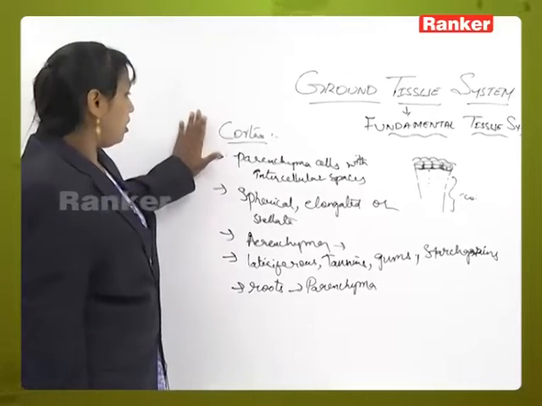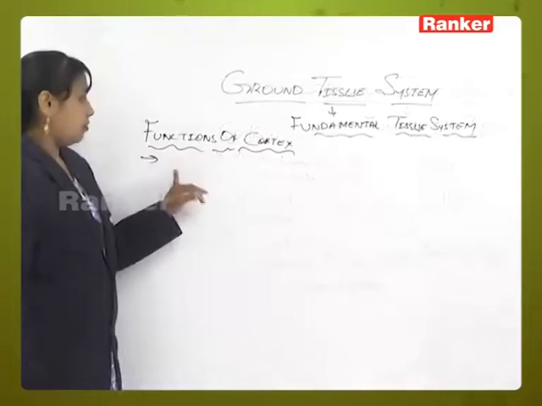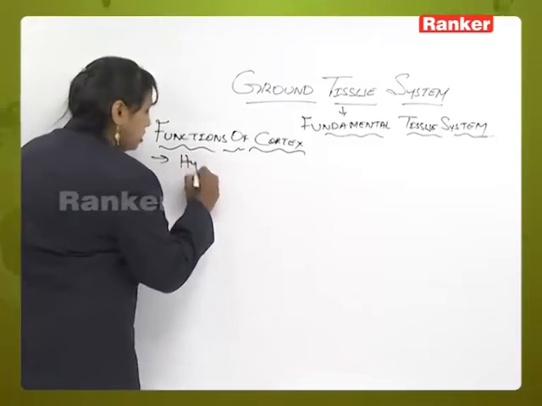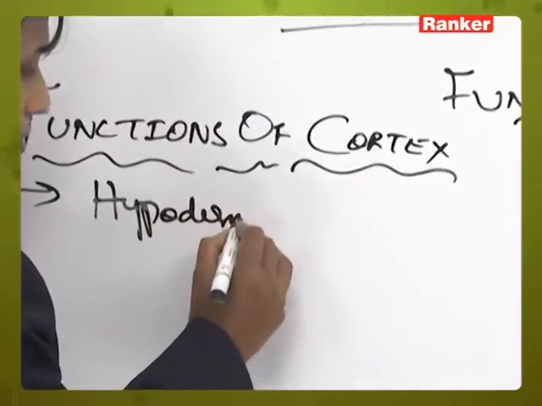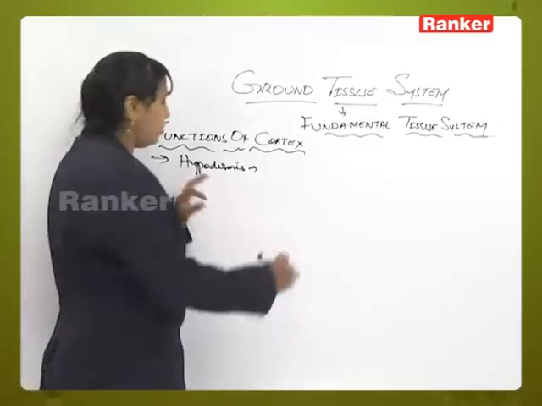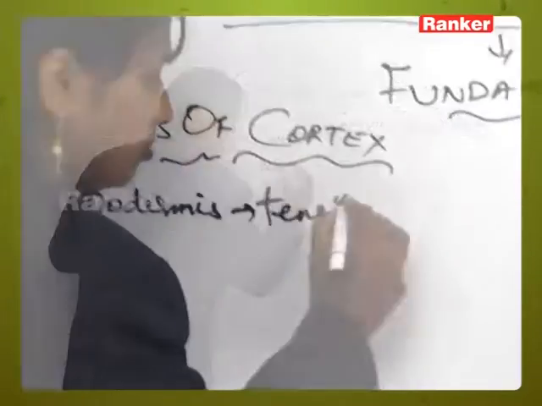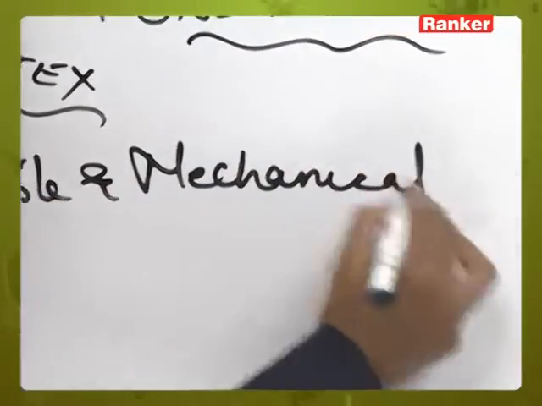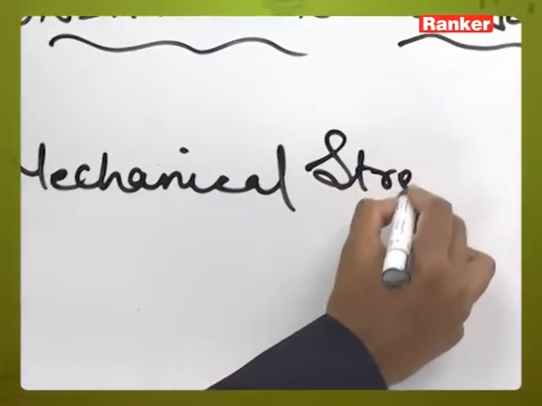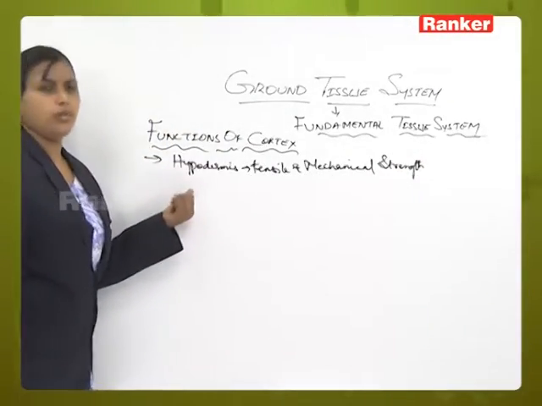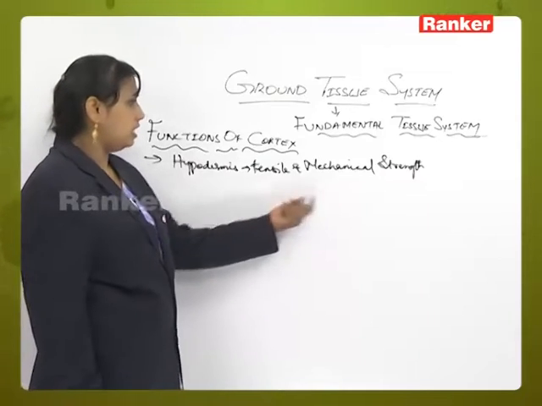Next, we will talk about the functions of cortex. Under this we can talk about hypodermis. What is hypodermis helpful for? Hypodermis is helpful for giving tensile and mechanical strength. So the main function of the hypodermis in the cortex is providing tensile and mechanical strength.